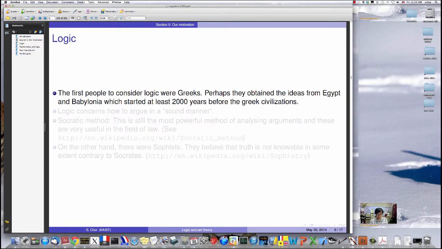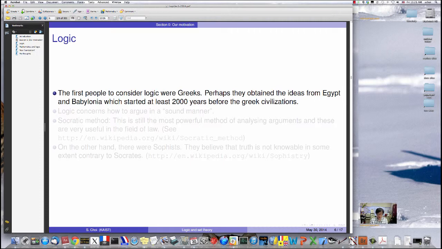I will now explain some history of logic and its relation to mathematics. The first people to consider logic were the Greeks. Perhaps they obtained ideas from Egypt and Babylonia, which studied it at least 2,000 years before the Greek civilization.